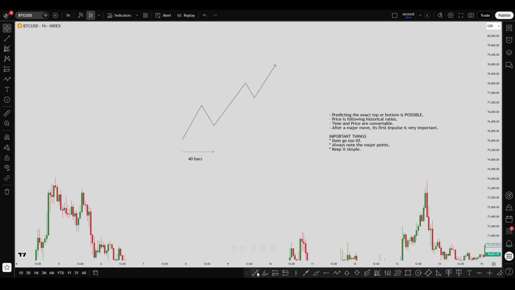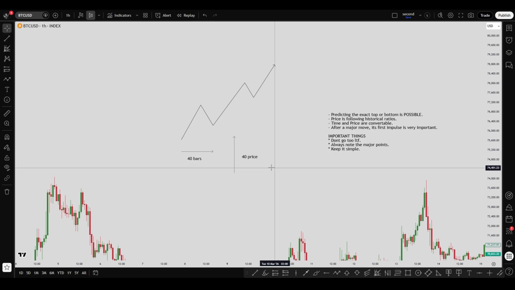If this is 40 bars, then we can convert this to 40 in price movements. But how to do that? Because as you can see, we are at like 75,000 on Bitcoin. So we can't just go $40 because that's too small.